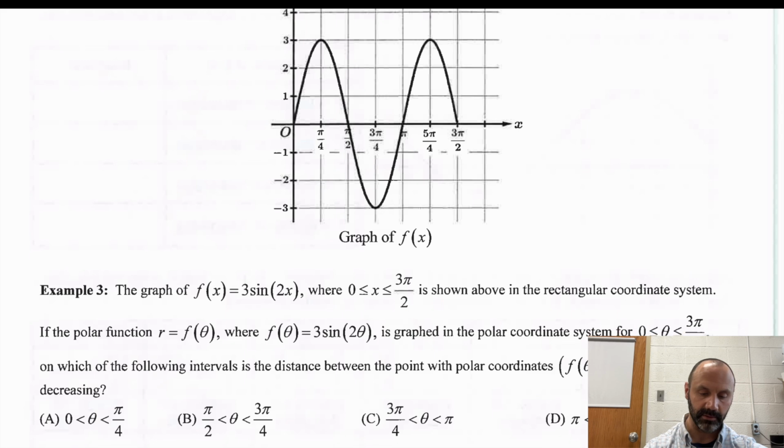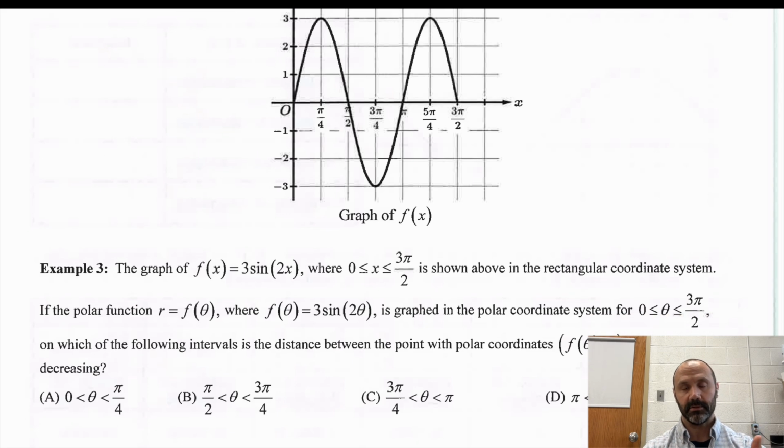It says, on which of the following intervals is the distance between the point with the polar coordinates and the origin decreasing? So again, we're looking to see where it is getting closer to the x-axis in this case.